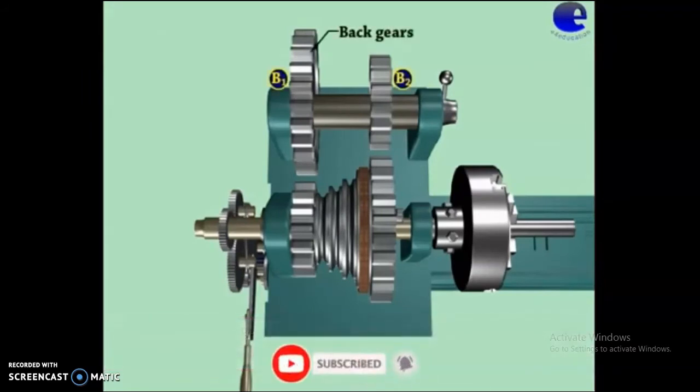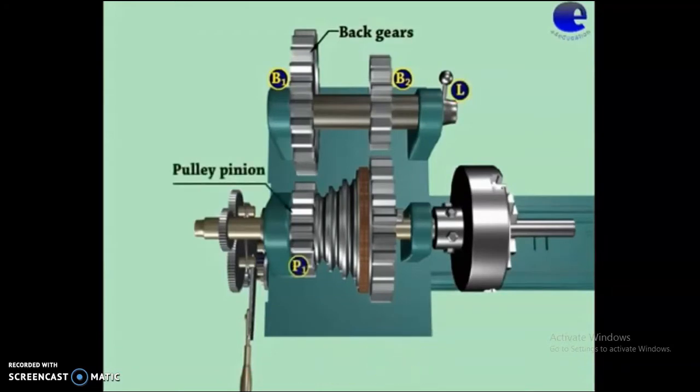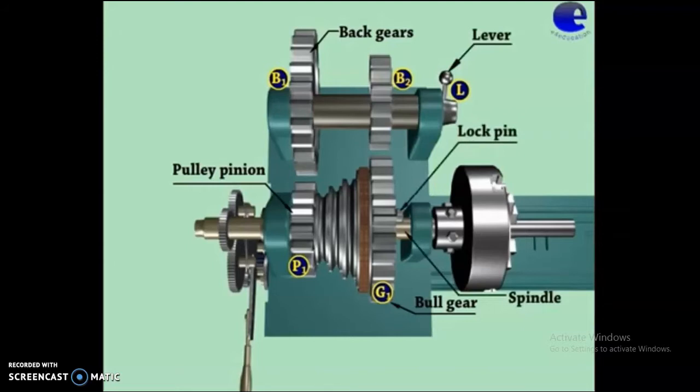Back gears B1 and B2, pulley pinion P1, bull gear G1, spindle, lever, lock pin, cone pulley.